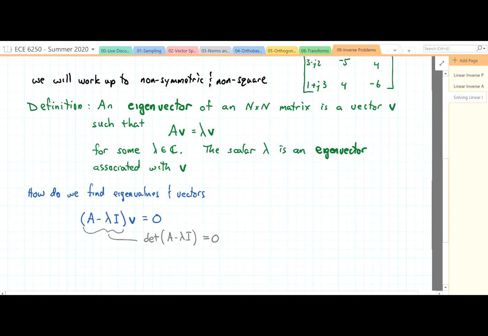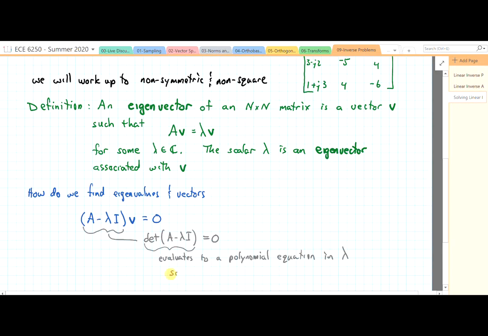So the determinant here evaluates to some polynomial equation in lambda, and setting that equal to 0 is what we call the characteristic equation.